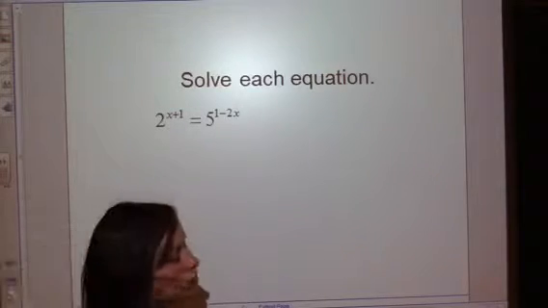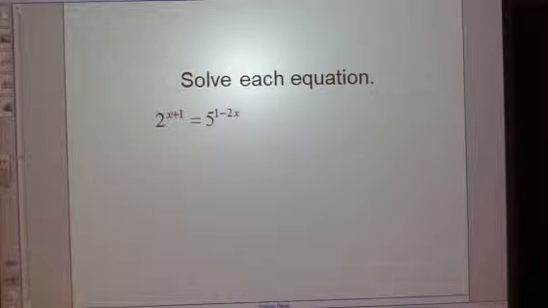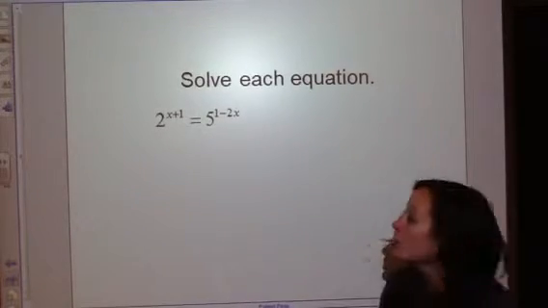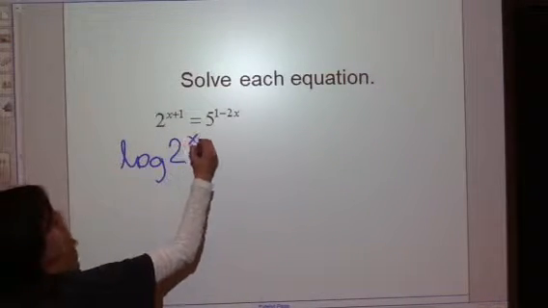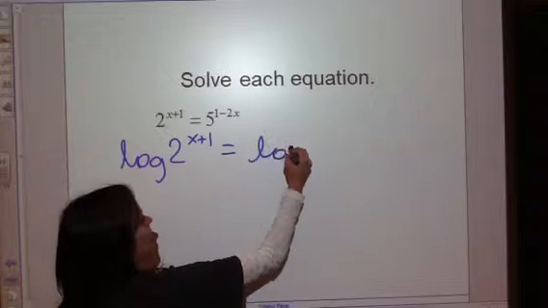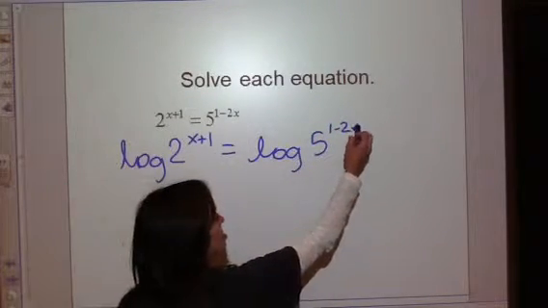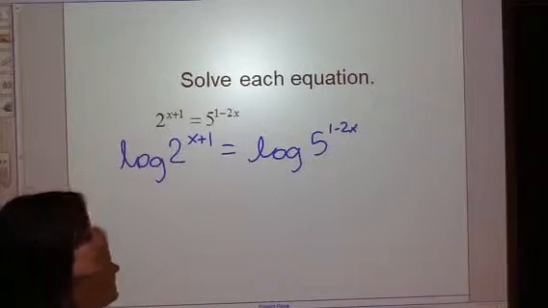So see if you can do this one on your own based off of what we just did on the last one. So you should get log of 2 to the x plus 1 equals log of 5 to the 1 minus 2x. So we log both sides because we cannot rewrite 2 and 5 as the same base.